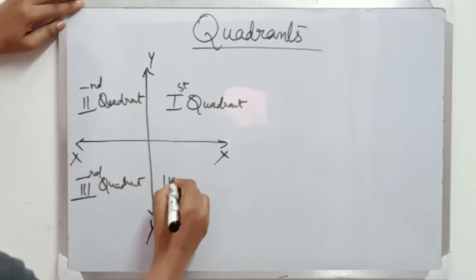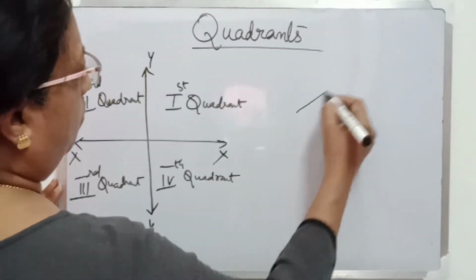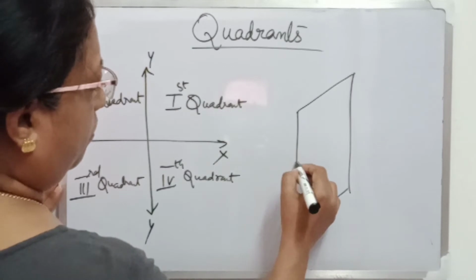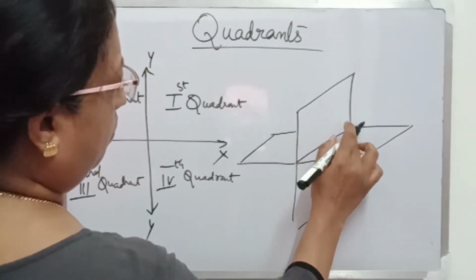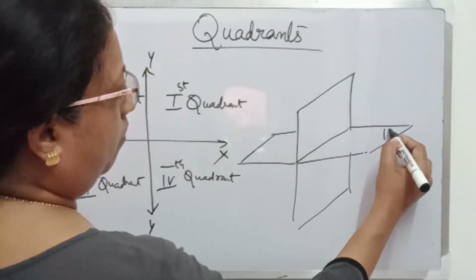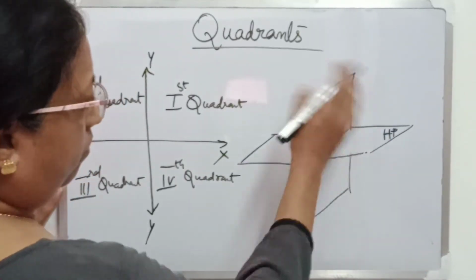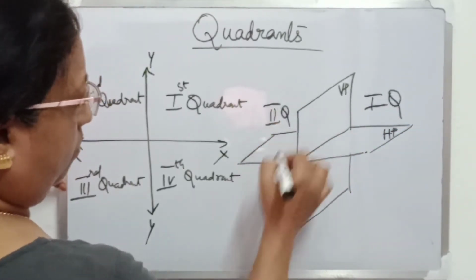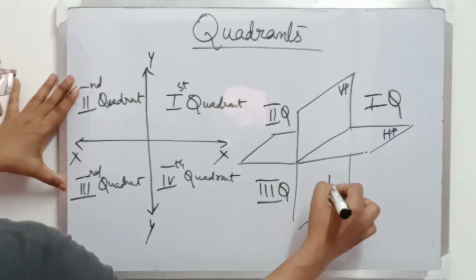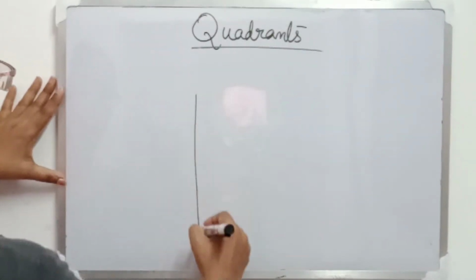But in engineering drawing or in orthographic projection, instead of dividing the plane into 4 equal parts, we are dividing the space into 4 equal parts using 2 planes. One is a horizontal plane and another one is a vertical plane. So these two are the reference planes. So here we have divided the space into 4 quadrants and marked the first, second, third and fourth quadrants.